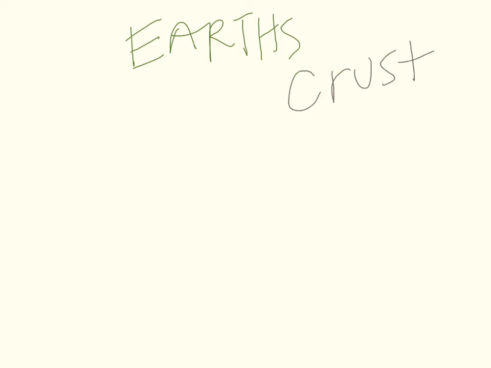So first, let's talk about Earth's crust. I'm going to write this down. Earth's crust. Now there are a good handful of these elements that you see on your chart that make up Earth's crust. First is aluminum.